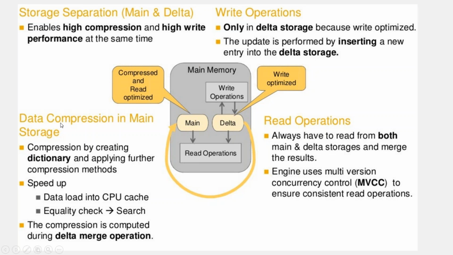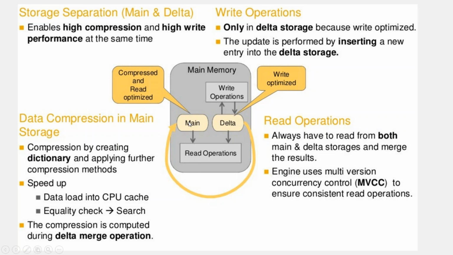And data compression in main storage: compression by creating a dictionary and applying further compression is going to speed up loading the data into CPU cache. So for reading operations, because the writing operations are not happening here, it's only reading the data. So it will always look in the main storage whenever you start reading the data.